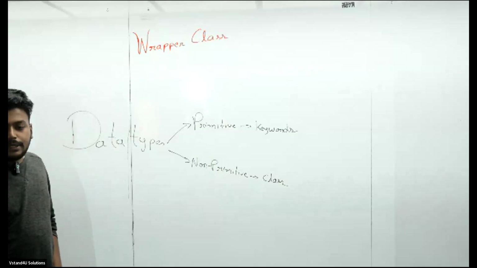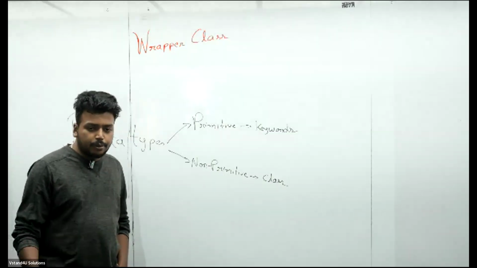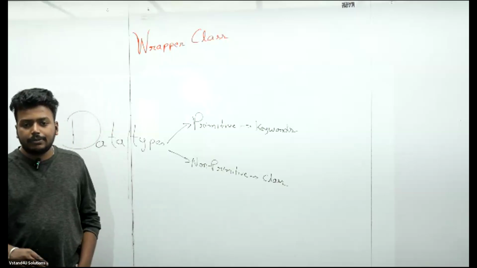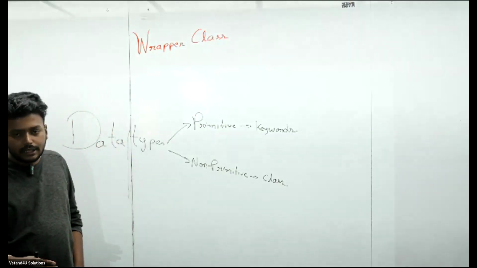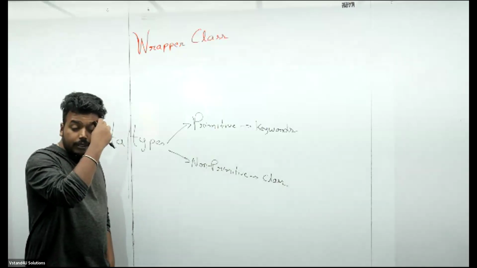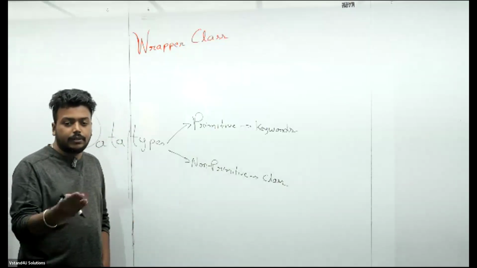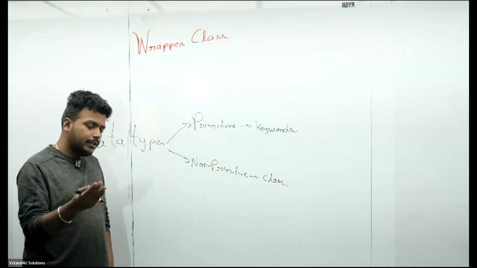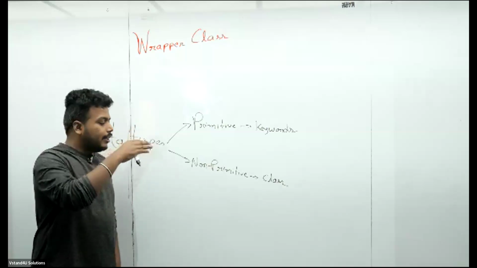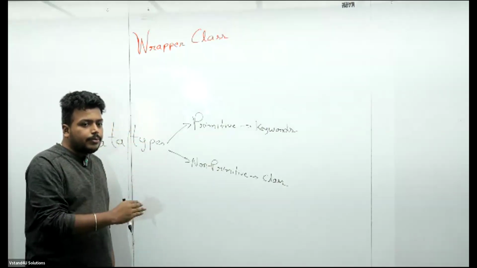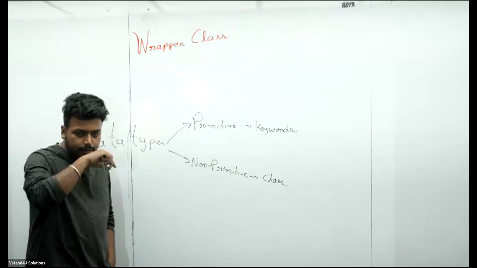In Java, we have two kinds of data types: primitive data types and non-primitive data types. Primitive data types we will consider as keywords, like int, double, char. In non-primitive data types, all objects are considered as a class.